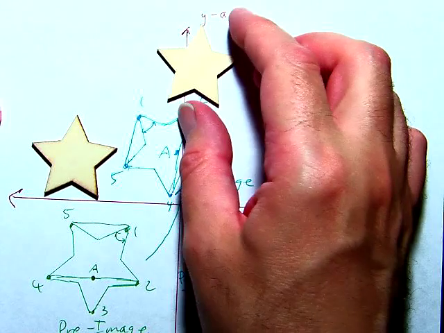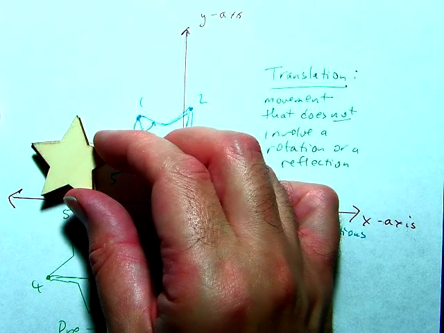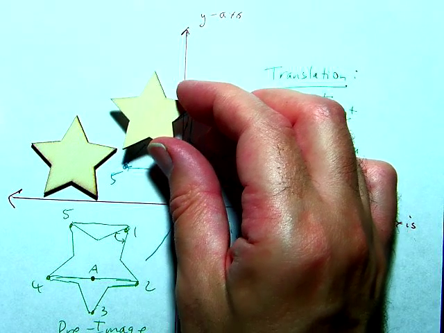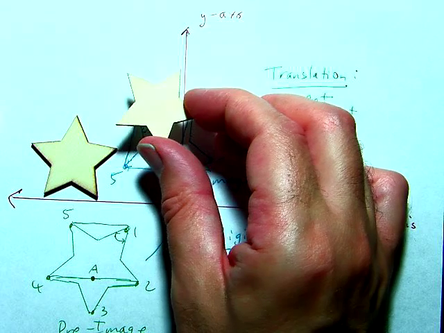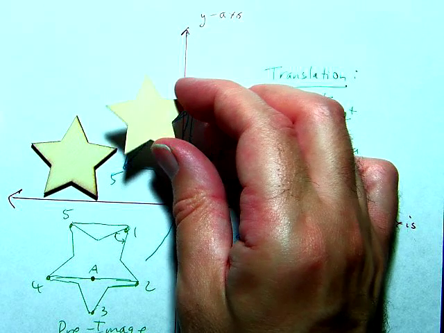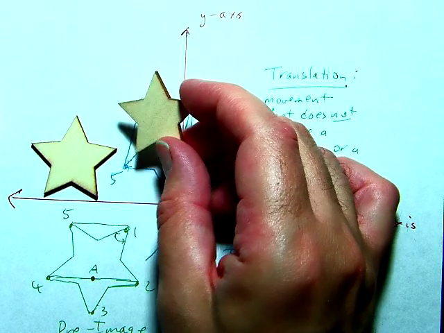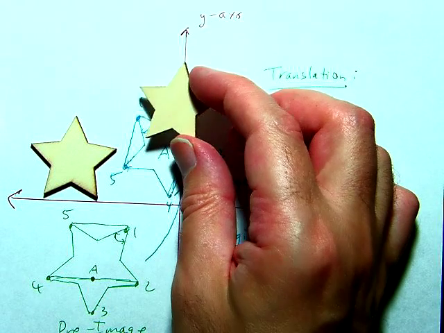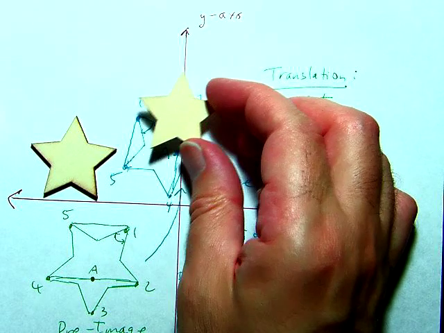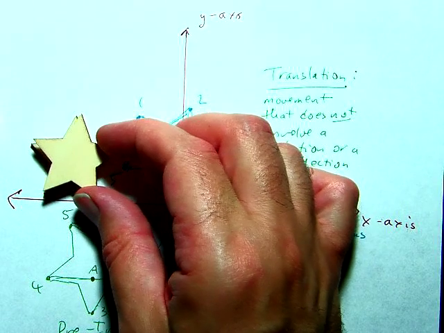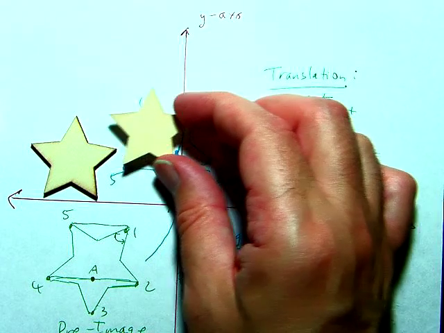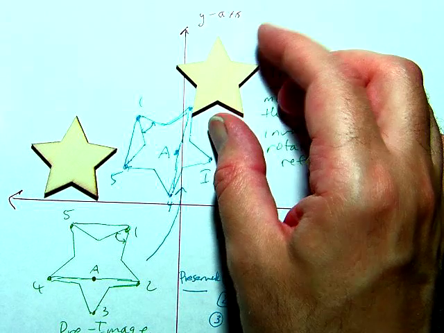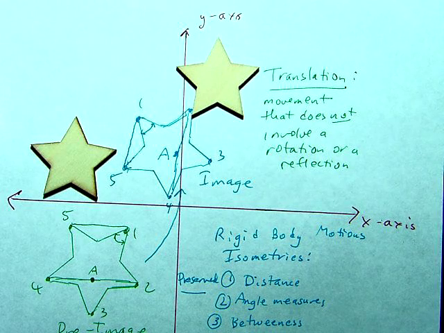It's basically a sliding of the original object in a certain direction without rotating it. We don't have any rotation involved. And we don't flip it over, which is what a reflection is. So we're going to talk about those two movements in a moment. But if we don't rotate it, and we don't flip it, but we simply just move it somewhere else in the same configuration, we've performed a translation.